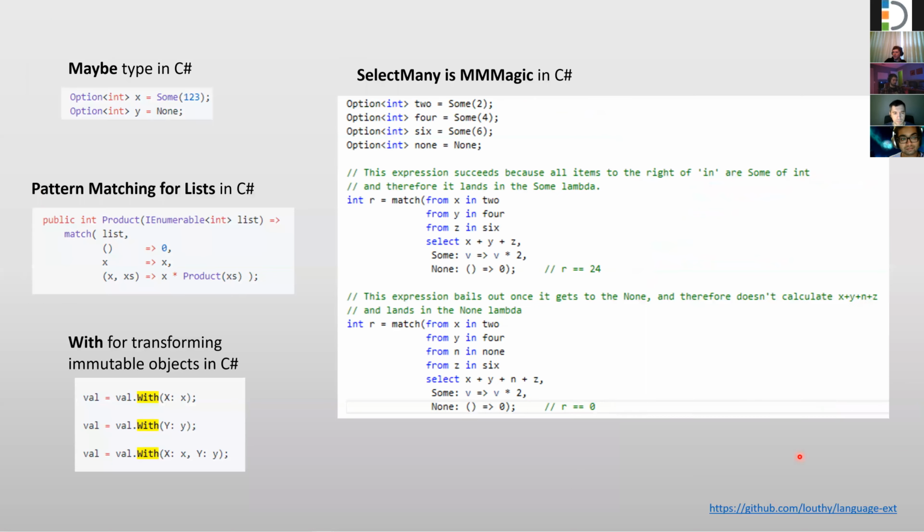And this guy who makes language X has been working on making C# look like more functional programming languages. You can add a maybe type where you get rid of the concept of a null, and you either have a value or you don't have a value.